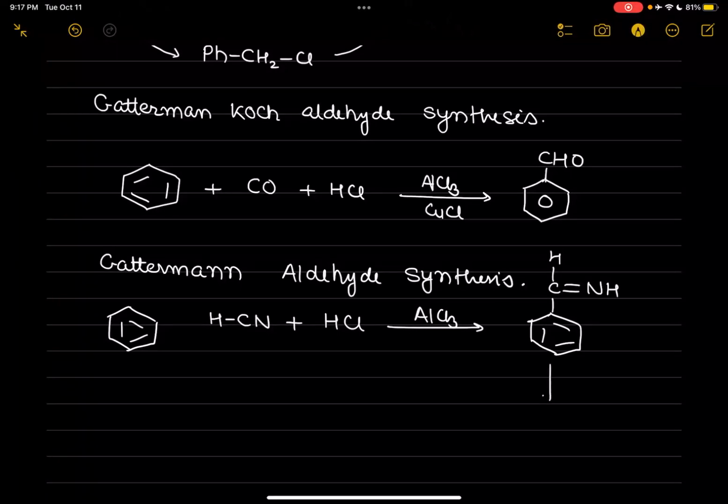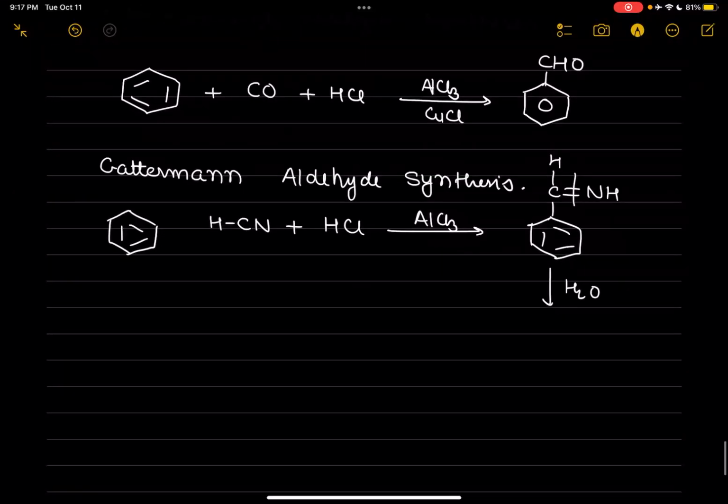Okay, this you react with water, so it undergoes hydrolysis and then you get an aldehyde. Is it clear? Yes, sir. So this is the way by which you are going to get it done.